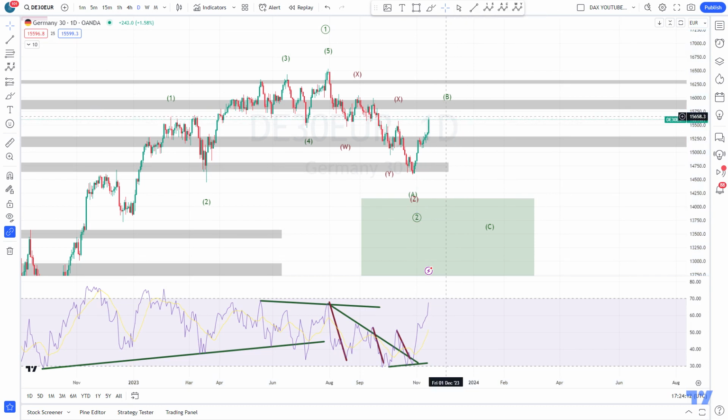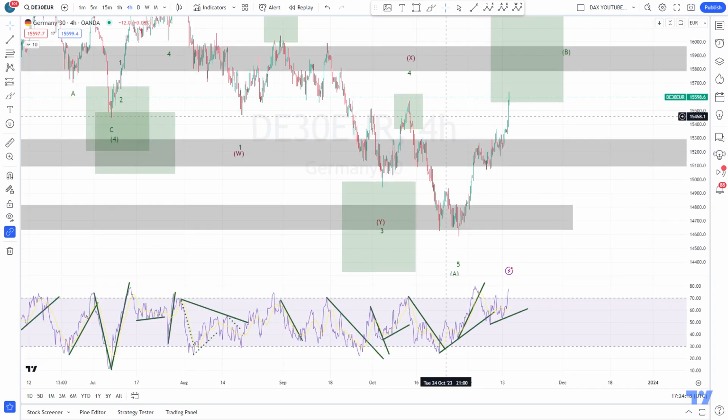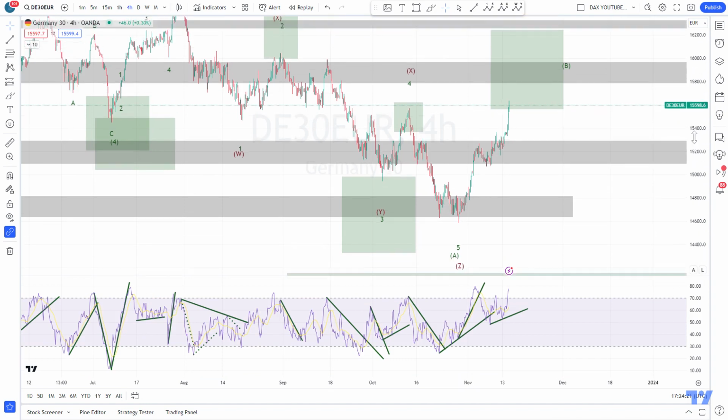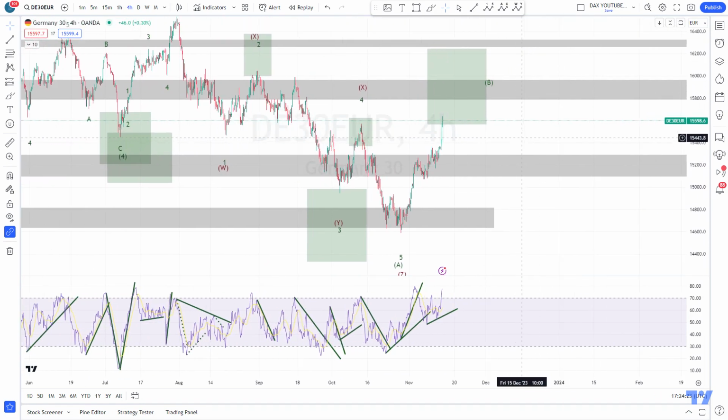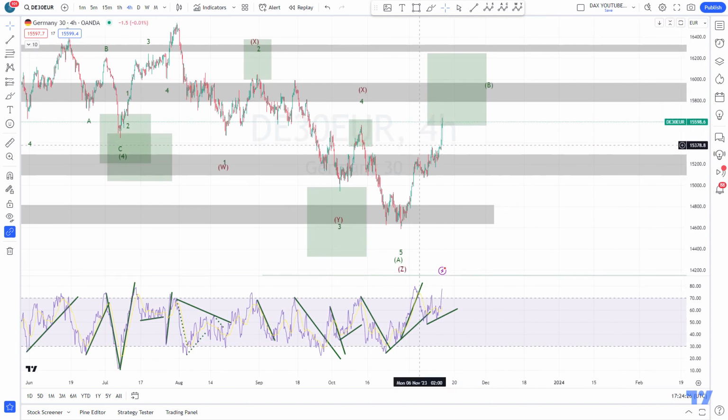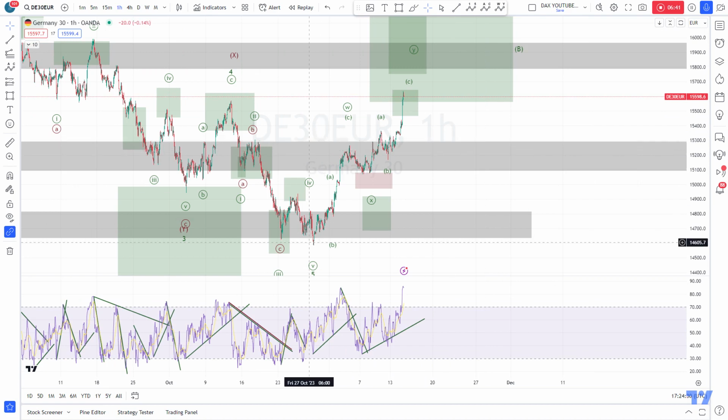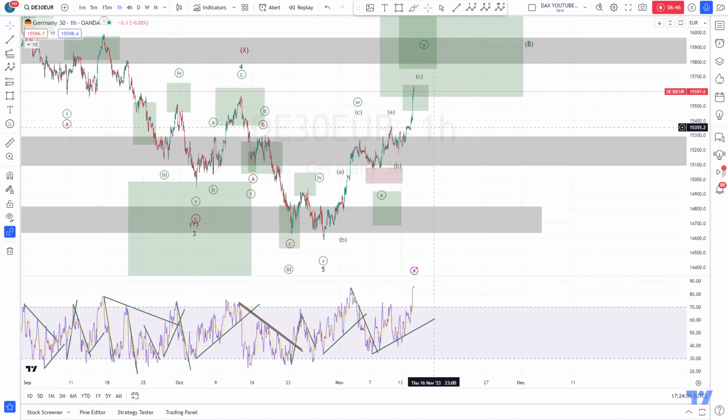I just want to share this possibility with you, because if this is playing out, then the count becomes different. Instead of a WXY structure, I would go for this here as a wave 1, a very shallow wave 2, and then this here could be a third wave which is unfolding.